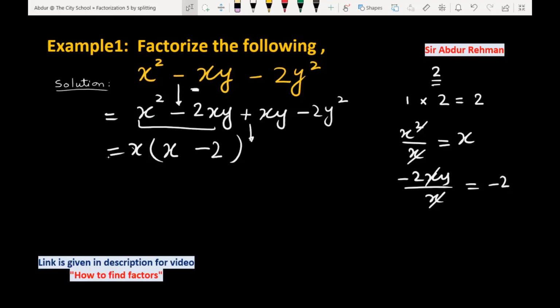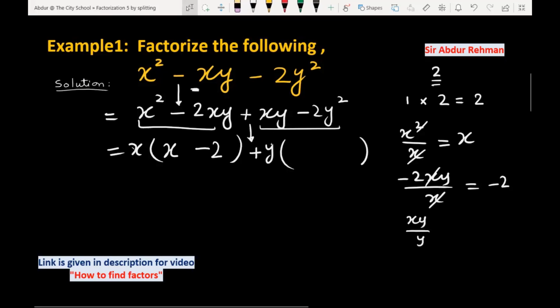Then copy this sign, plus. And in the second group, the common factor is y. It is xy minus 2y squared. So I'm going to write y, then bracket. Then divide xy by this common y, we will get positive x. Write down positive x.